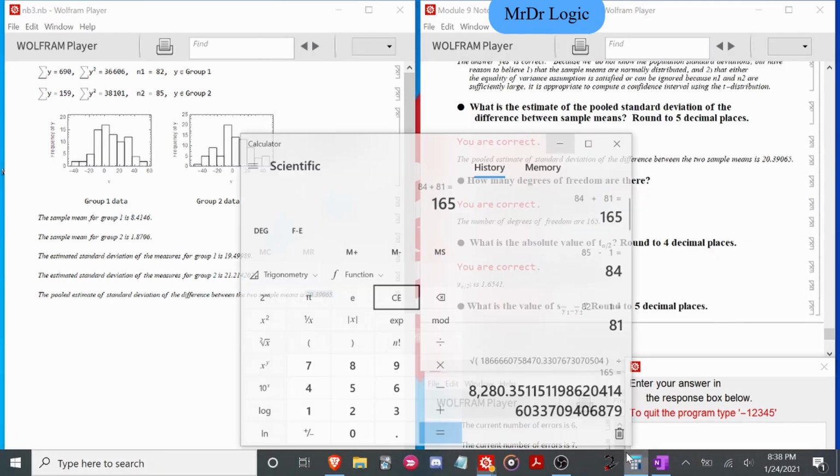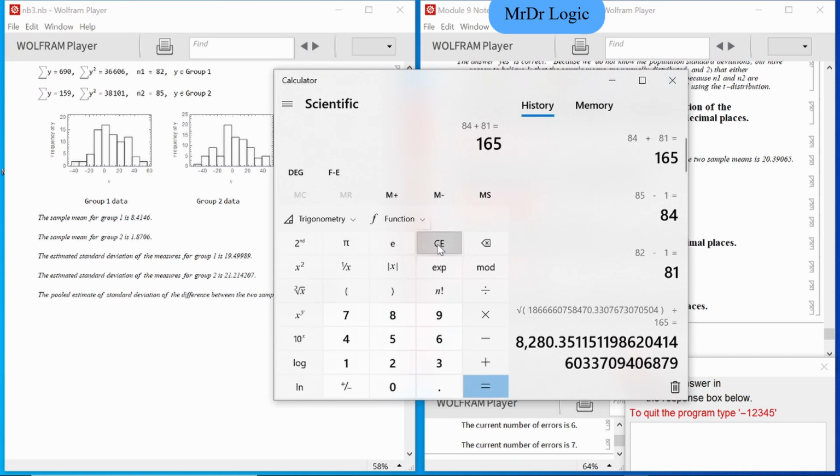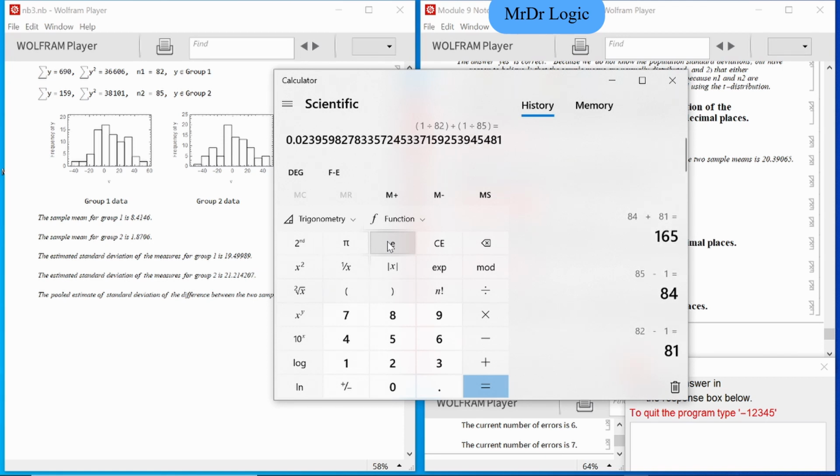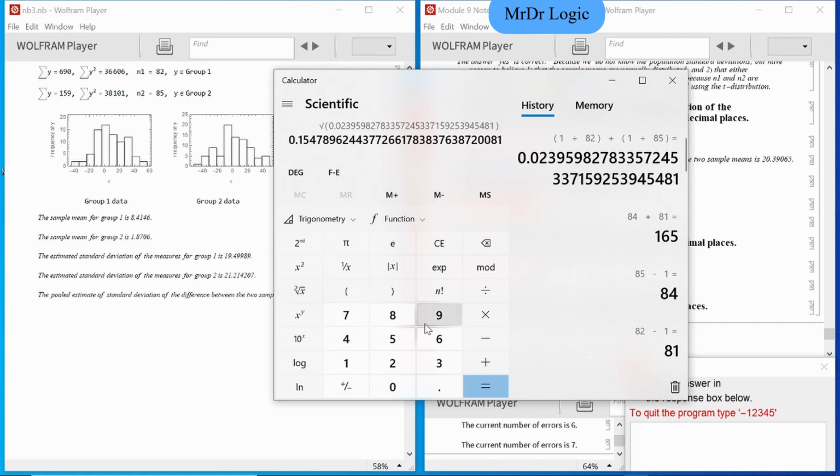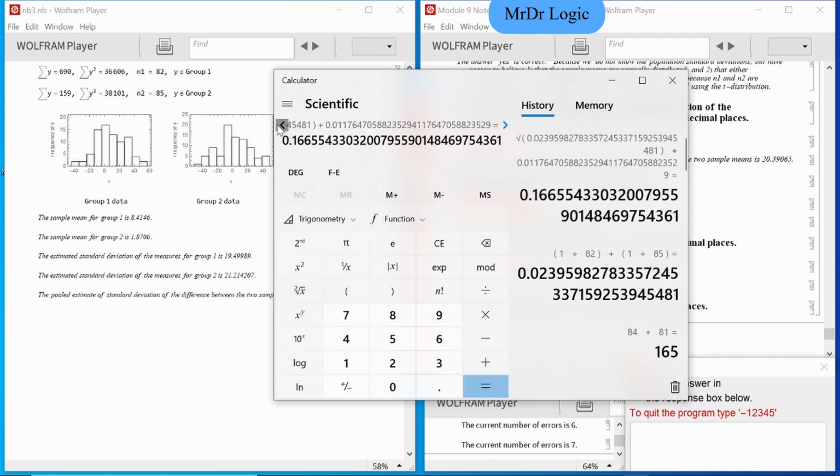So if I do this correctly, bracket 1 divided by 82 plus 1 over 85 gives you that. Now you have to square root it. It square rooted the first term and not the second one, so I can't work with this calculator again. Let me try this again.